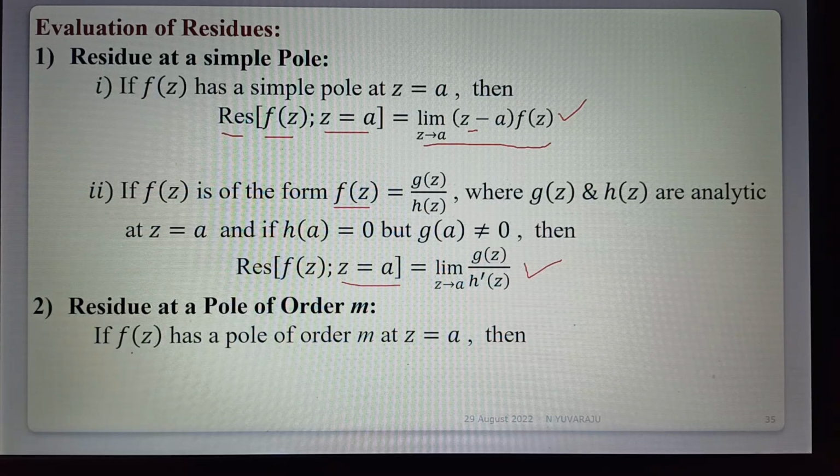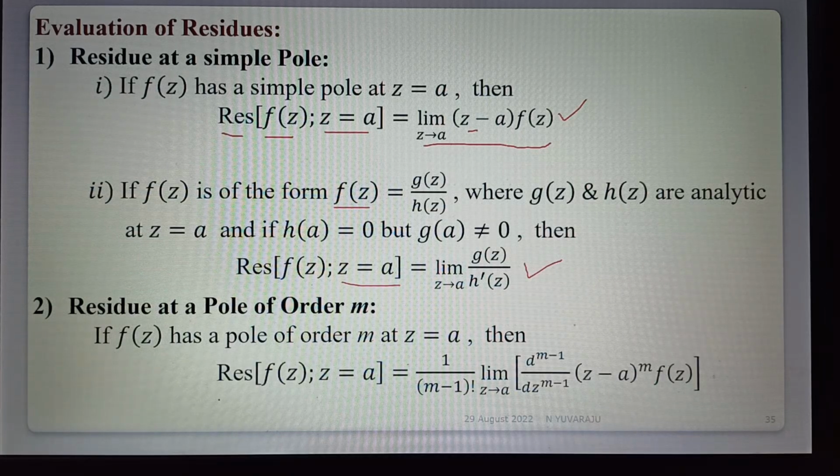If f(z) has a pole of order m at z equals a, then the residue of f(z) at z equals a is given by the formula 1 by (m minus 1) factorial times the limit as z tends to a of d to the power m minus 1 by dz to the power m minus 1 of (z minus a) to the power m times f(z).